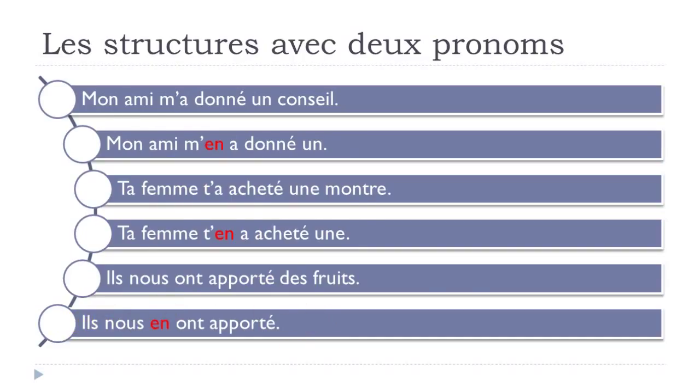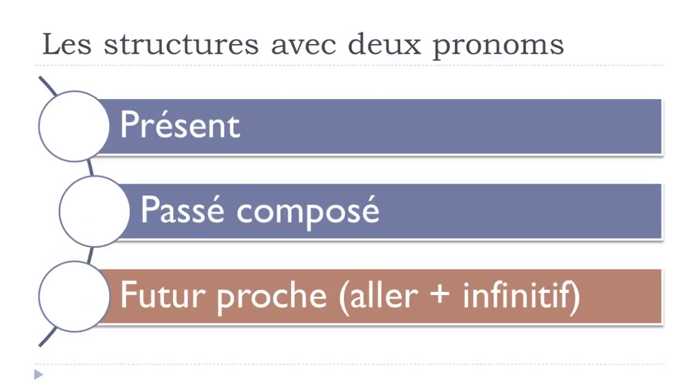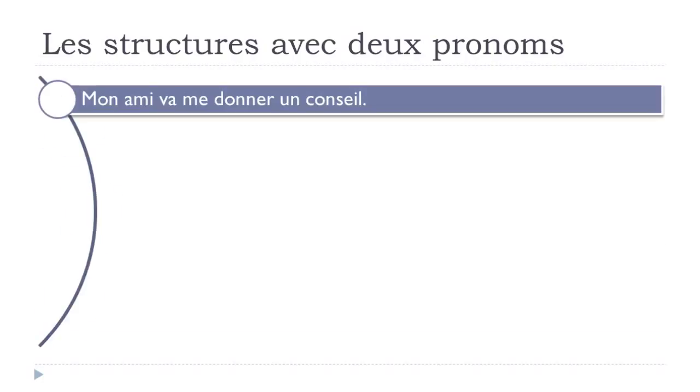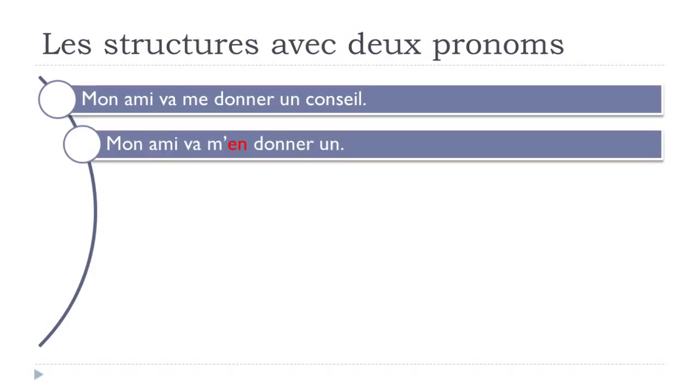All right, and then the last example we'll see with the futur proche. So in that case, it will be quite interesting because we will have two verbs. Okay, so let's see. Mon ami va me donner un conseil. Okay, so exactly the same idea. We'll replace un conseil by en, and then we see how it goes. Mon ami va. All right, so here you've got this verb aller, the first verb here.